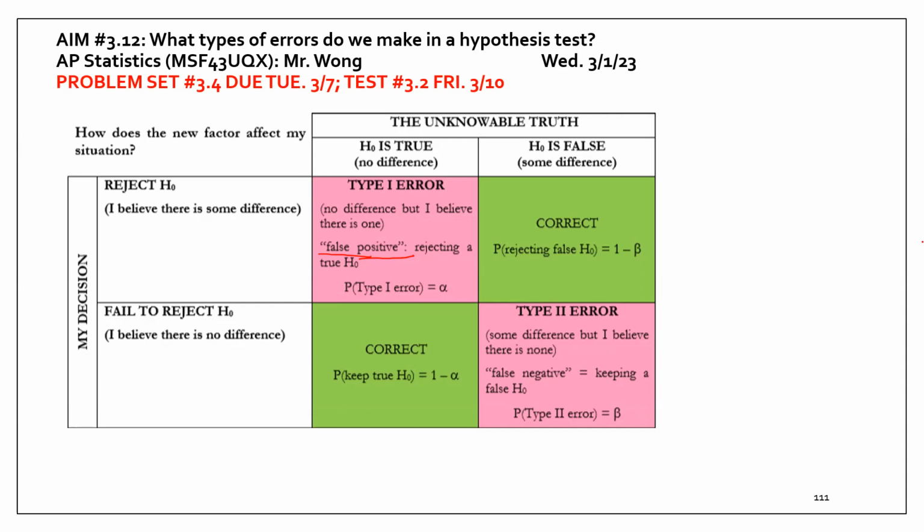So you're essentially keeping a null hypothesis that's not true, that's false. And so that's equivalent to thinking that there is no difference, but in fact, there is some. In fact, there is a difference. The null hypothesis is false, but for some reason you decide to keep it.